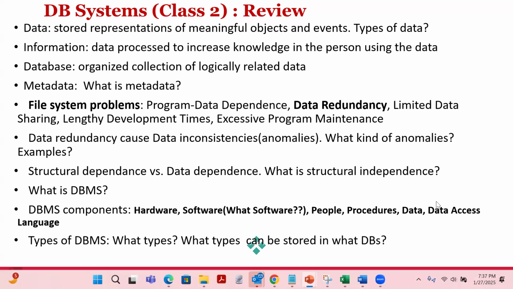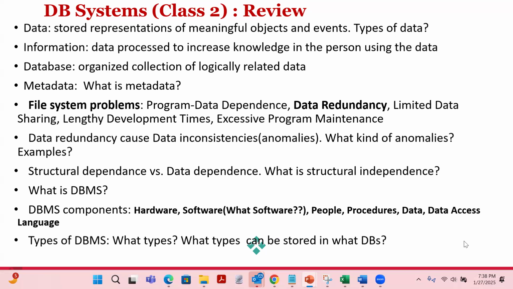Also we talked about information. Information is data processed to provide us more details or increase knowledge, so we can use the meaningful data to make informative decisions. And database is an organized collection of logically related data.